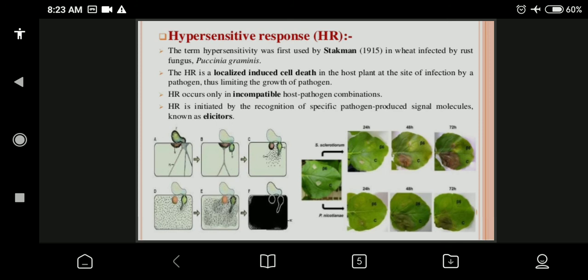HR is initiated by the recognition of the specific pathogens, which produce signal molecules known as elicitors. Hypersensitive reactions are recognized by the production of elicitors. These are signal molecules produced inside the plants which inhibit the entry of the pathogen in the host.